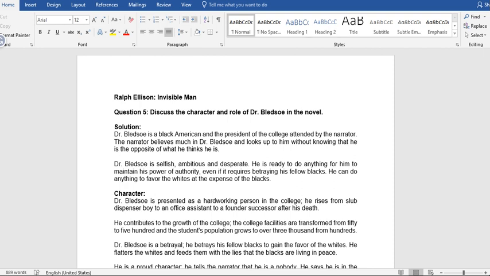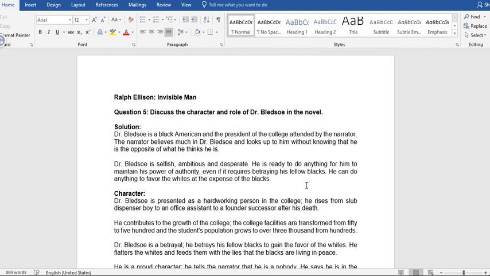That is, he's ready to crush anything on his way to achieve his aim. He can do anything to favor the whites at the expense of the blacks.